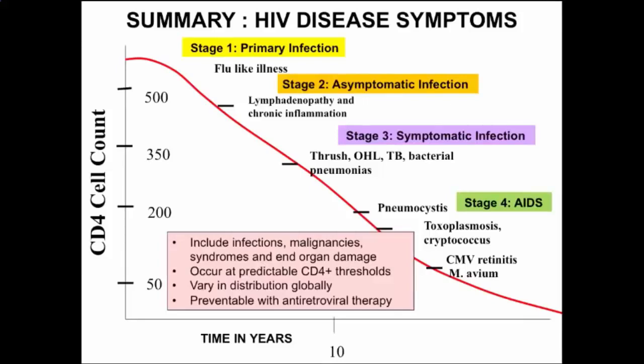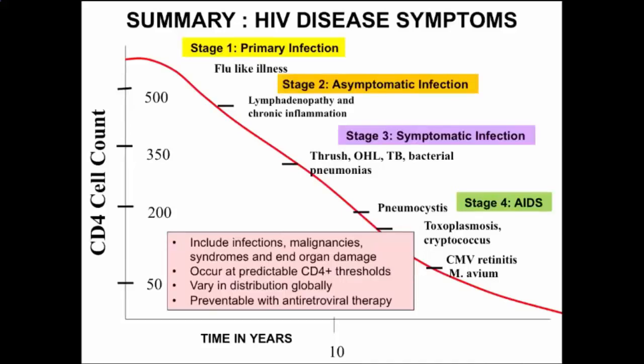Stage 2 is referred to as asymptomatic infection, where patients may have lymphadenopathy, but actually this is misleading because chronic inflammation is ongoing and causing end organ damage. Stage 3, or symptomatic infection, is associated with conditions such as thrush, oral hairy leukoplakia, TB, and bacterial pneumonias.